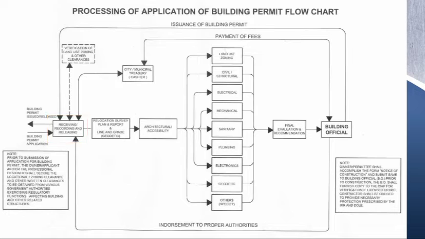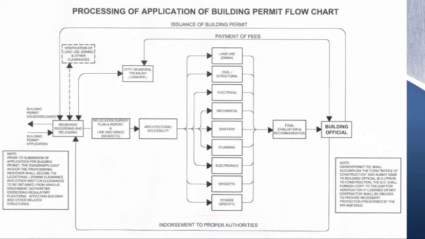And the next step will be to go to the city or municipal treasury or the cashier to pay for the payment of fees for the building permit. And after that, the applicant will go back to the building official, and mangyayari po ang endorsement to proper authorities.